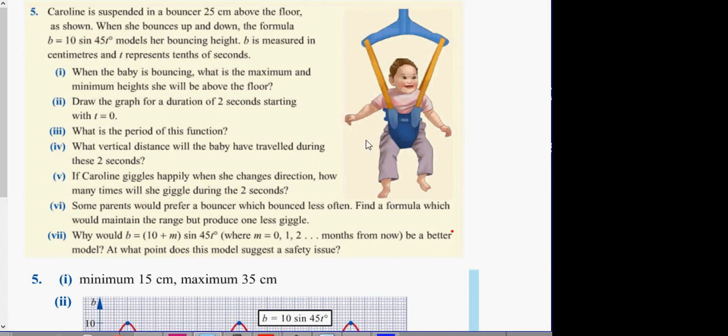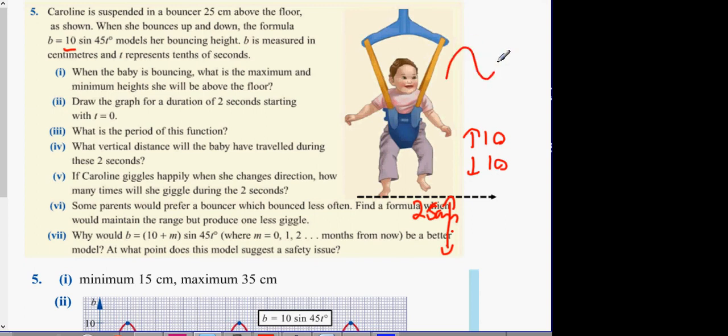So guys, at the moment, her feet are 25 centimeters above the ground. Now see this 10, this means that she's going to go up 10 and down 10.